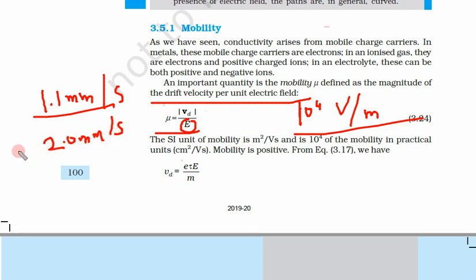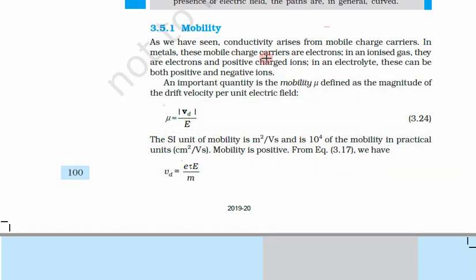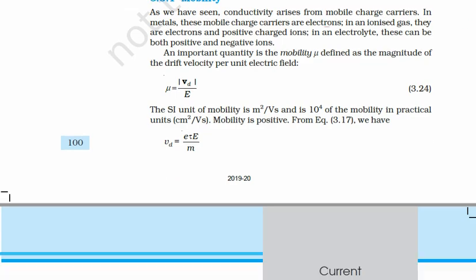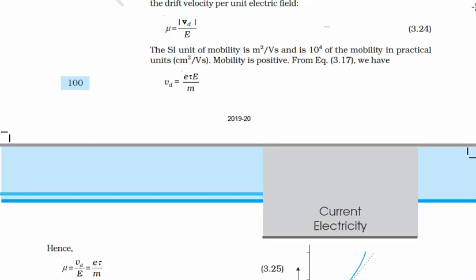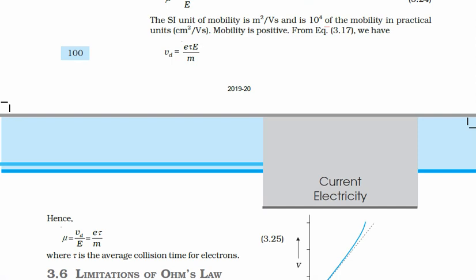So definitely on the same electric field, these charge carriers have higher Vd, higher drift velocity. That means they are more mobile. That means they are moving fast. So their velocity is much higher. So mobility is an important quantity which tells us that if we apply an electric field, how fast the charge carriers will move.